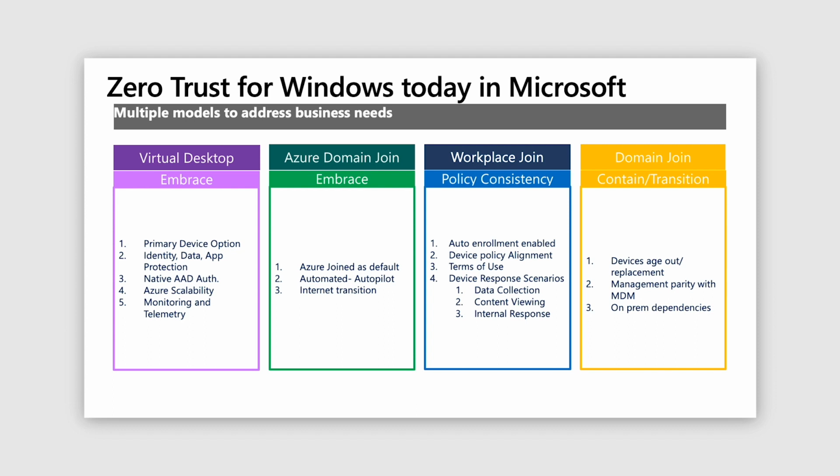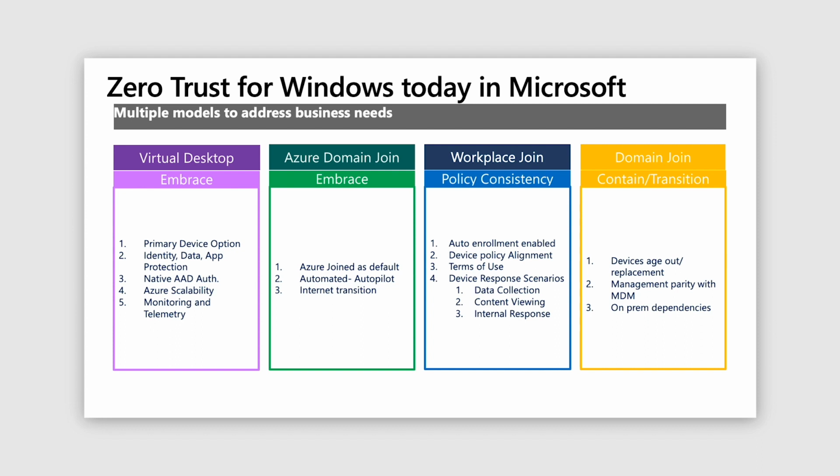We've embraced the Azure scenario in terms of all of our new devices coming through Autopilot. And so by default, all of our devices are actually going through that Azure domain join scenario. We actually don't want people to join our domain anymore unless there's something like a high value asset or some on-prem dependency. But as a default, all of our devices are moving to Azure.